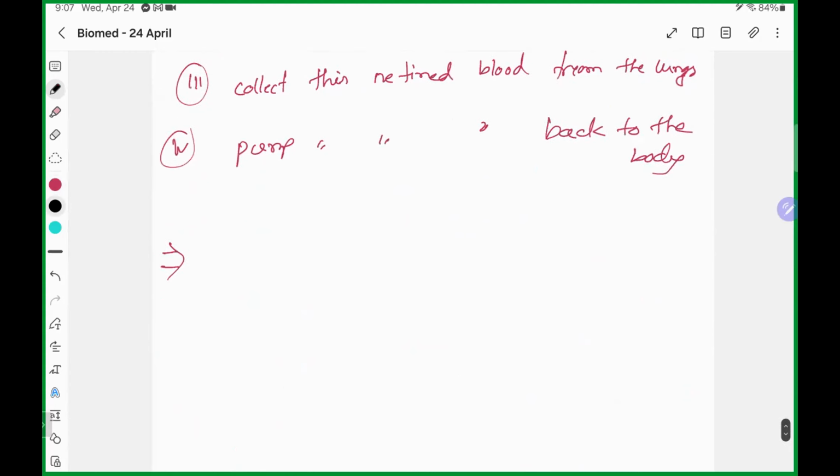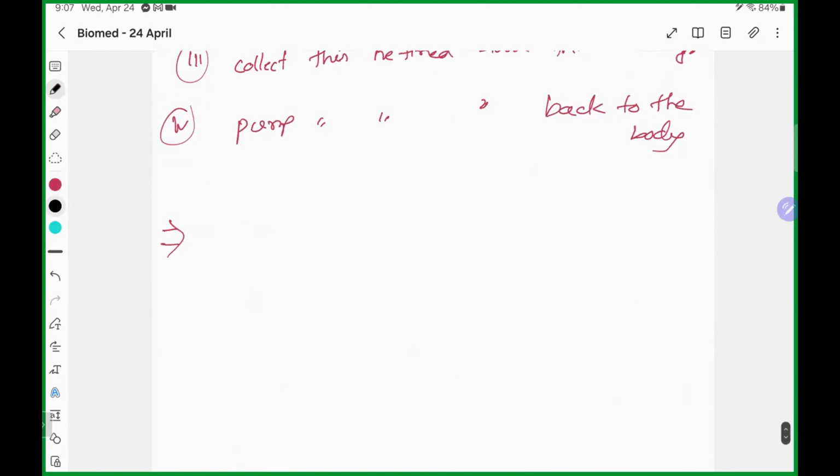Now the heart actually has 4 chambers. There are 2 atria. You have to memorize a little bit of these names to write the answers, but not very detailed, only the very important ones. And 2 ventricles.